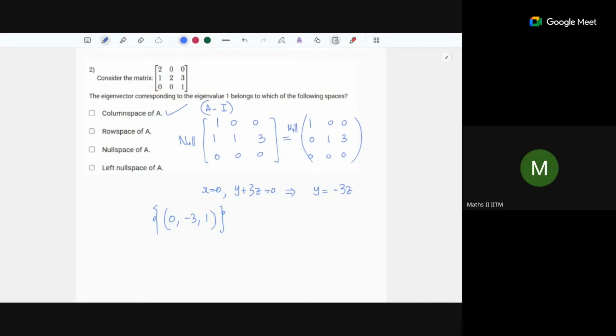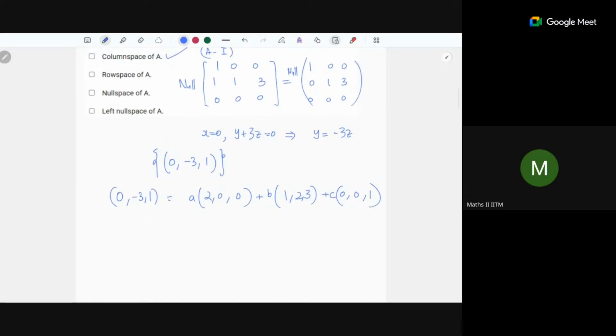Right. So now you need to say this is equal to a times 2, 0, 0, b times 1, 2, 3, c times 0, 0, 1. Okay, so let's check. We'll get 2a plus b equal to 0, and then 2b plus 2b equal to minus 3, and then 3b plus c is equal to 1. Right.